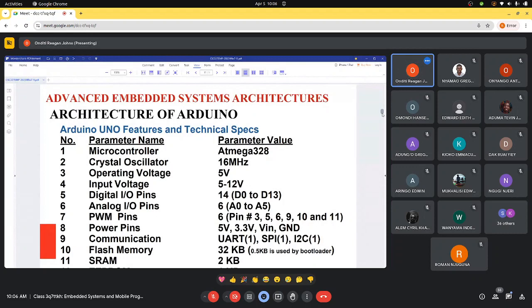On the Arduino Uno board, the technical specs are, one, the microcontroller, and you've seen how it looks, the ATmega328 chipset, and the oscillator, which is the clock, which runs at a speed of 16 megahertz. So that's 16 million instructions per second.